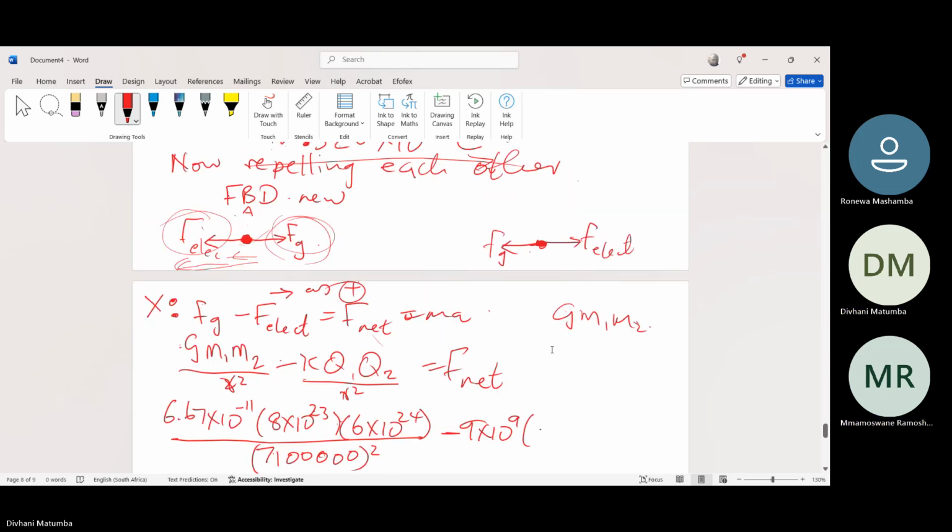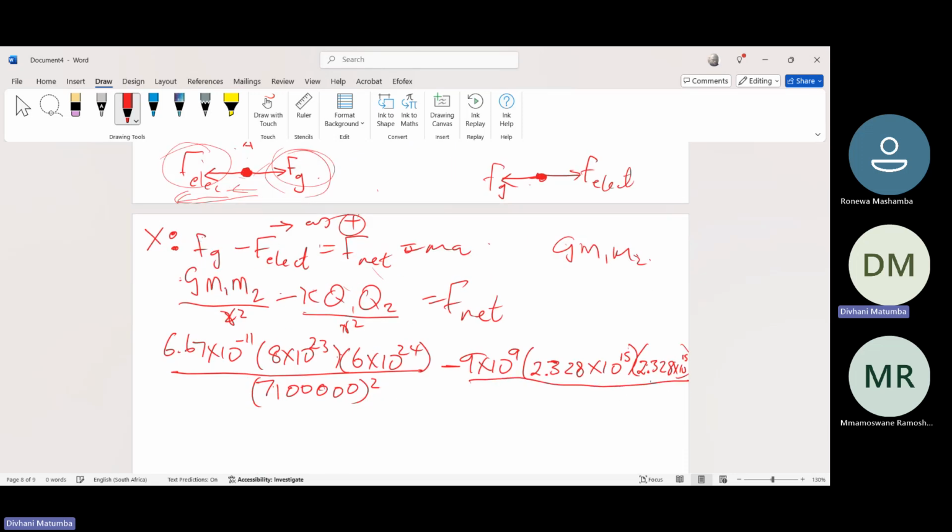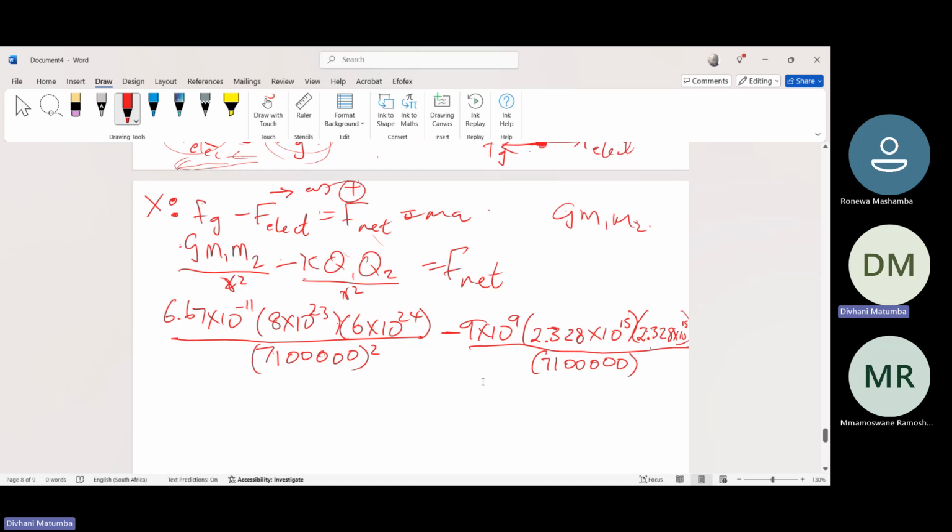Yes, it will be positive. 2.328 times 10 to the power of 15, times 2.328 times 10 to the power 15, divided by the same radius squared. So it is all equal to F net.